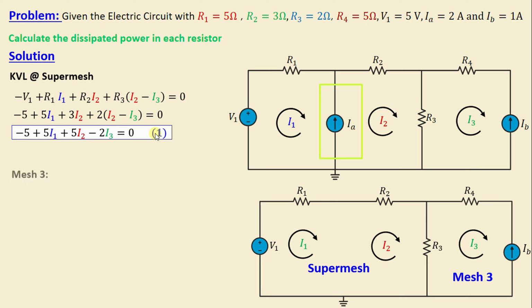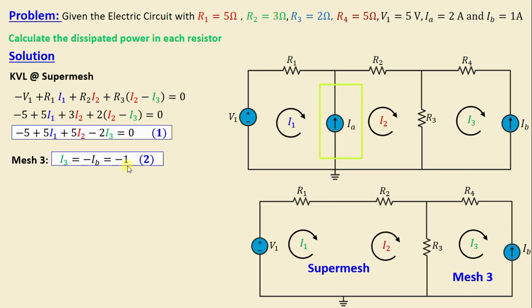Let's move on now to mesh 3. By applying KVL in mesh 3, we can write I3 is equal to negative IB, which is equal to negative 1 amp. We currently have 2 equations with the 3 unknowns, which means we require one additional equation to solve this problem.